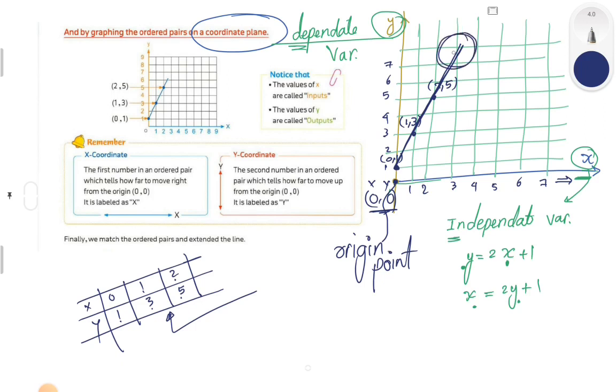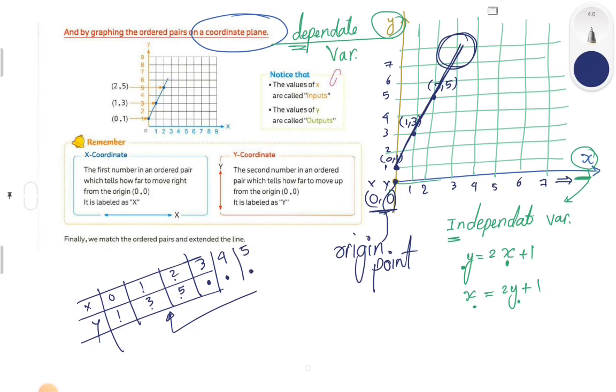Why did I draw this extended line here? Okay, note with me, if I put 3 here, I will find another value of y. If we put 4, we will find another value of y. 5 will be another value.